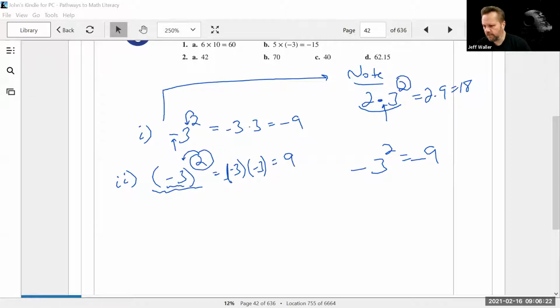Wait a minute. Okay. Which section are we talking about? 2, 3, and 7 from where? Somebody's asking me a direct message question. 2, 3, and 7 from what section? 1-4, I guess.